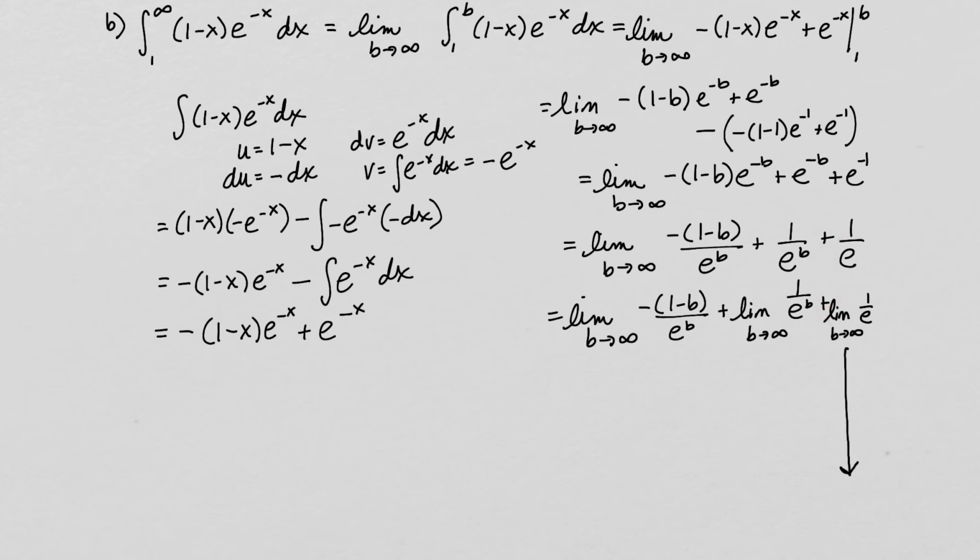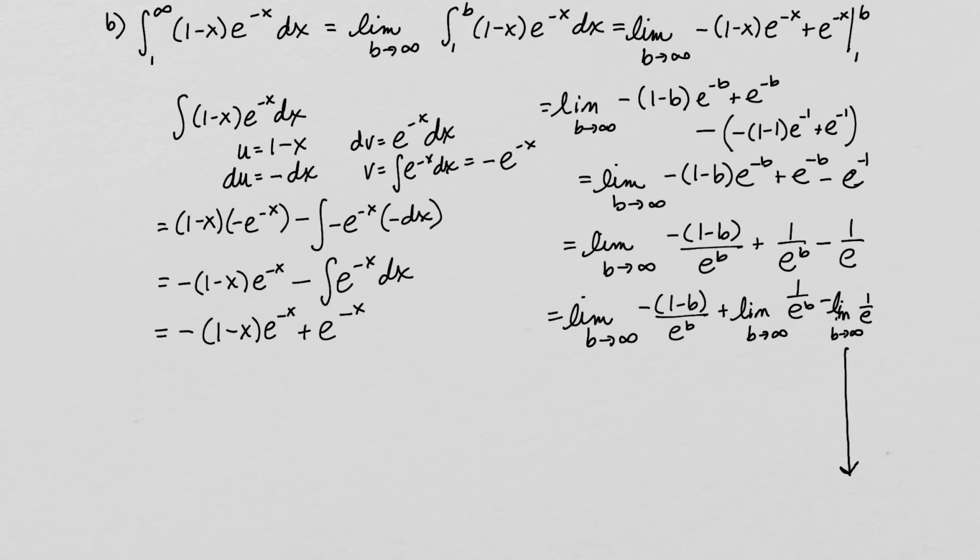So I'm going to fix that here. This should be minus the limit, because that should be minus. Sorry about that. And this here is a minus, so minus e to the negative 1.